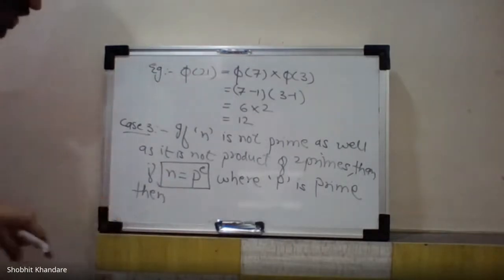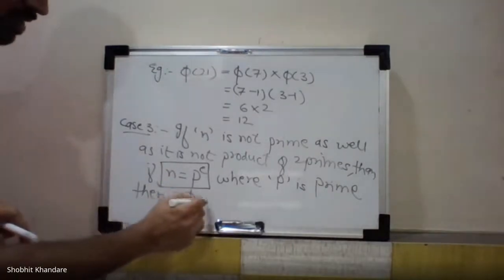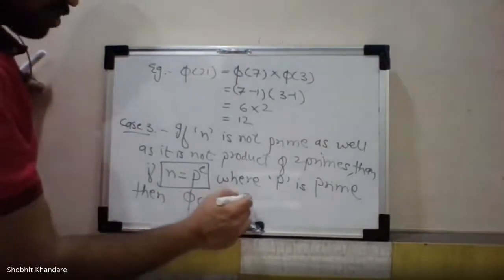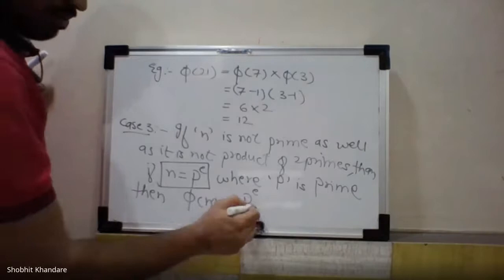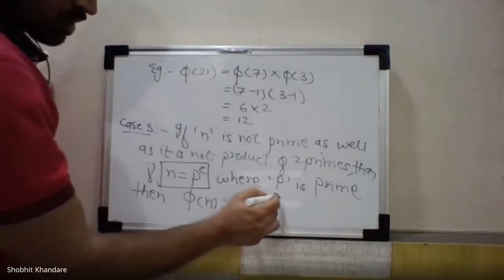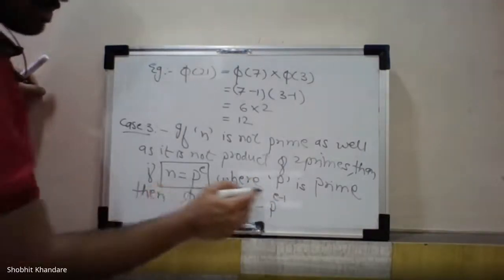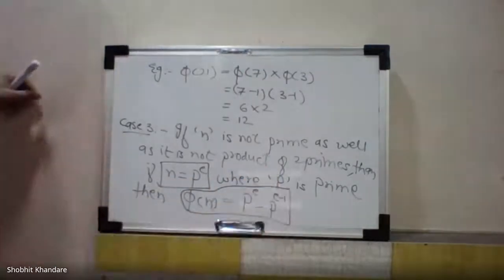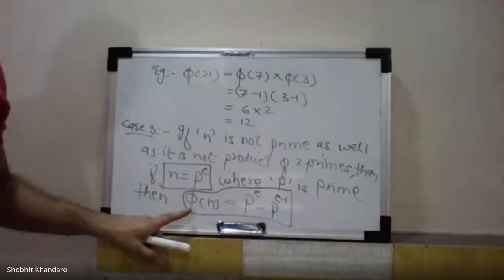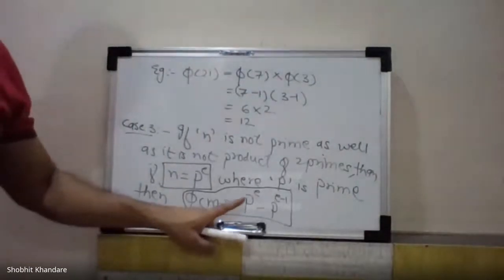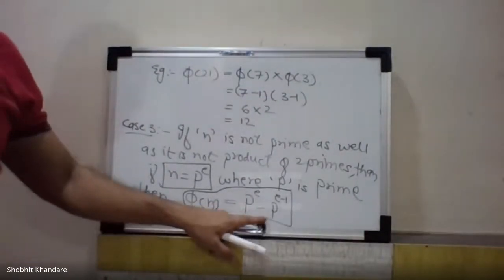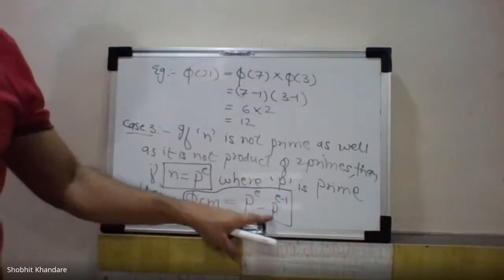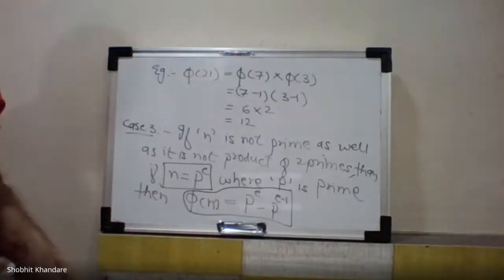Then phi of n is equal to p to the power of e minus p to the power of e minus 1, and keep this in the box.